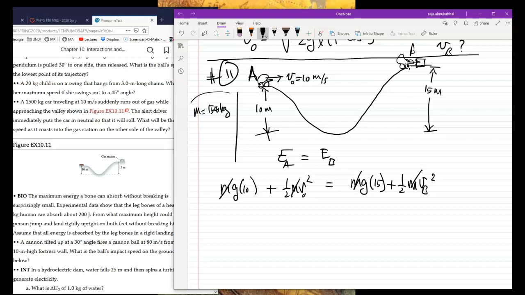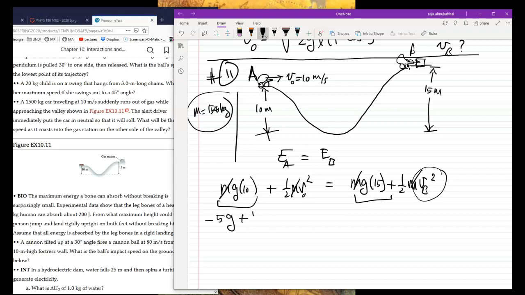So this mass that he gives us really is not important for this part of the problem. And so I can move this over here. So that's going to give, if I move this over here, yeah, I can do that. Because remember, I'm solving for V sub B. That will give me minus 5g, correct?